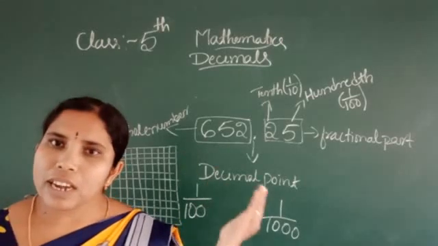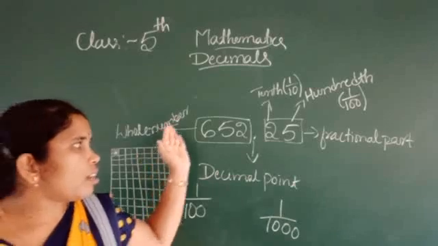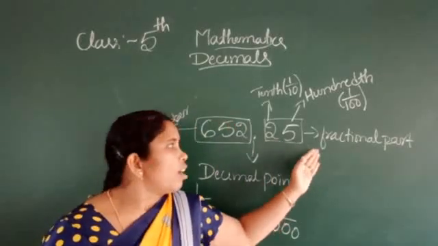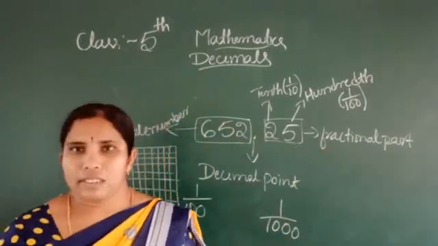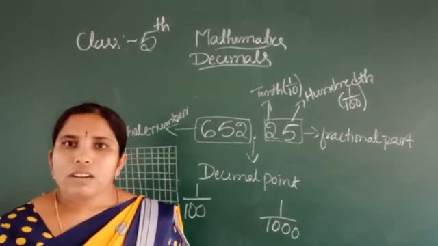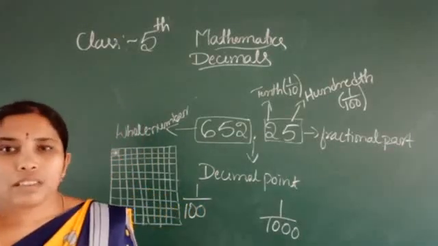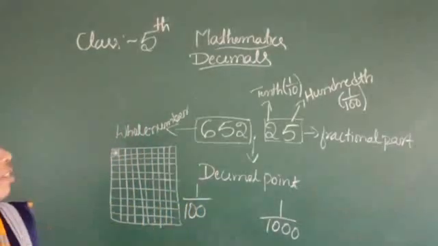So the left side of the decimal point is called the whole number. The right side of the decimal point is called the fractional part. So now, how to represent the decimal numbers in the place value system?